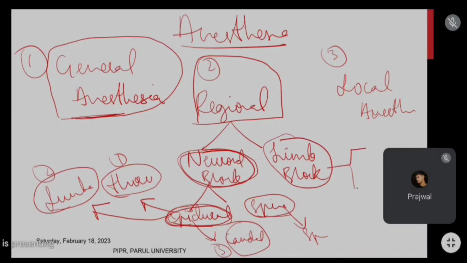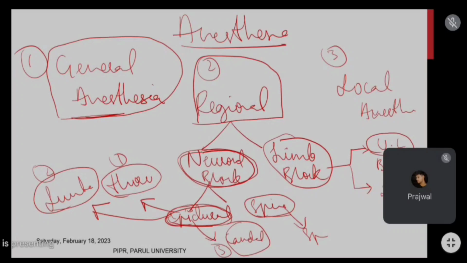Try to listen carefully. All these types you should try to remember first. In limb block, we have two limbs: upper limbs and lower limbs. The drugs which are given to block the actions or reflexes in the upper limb are called brachial plexus blocks, the drugs which block the brachial nerve or the branches of the nerve.